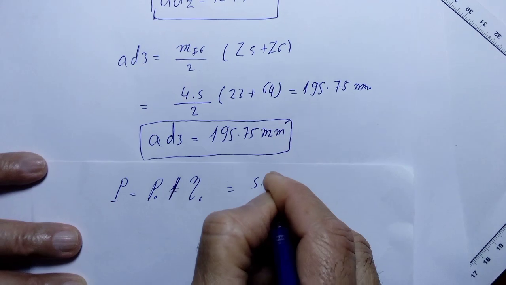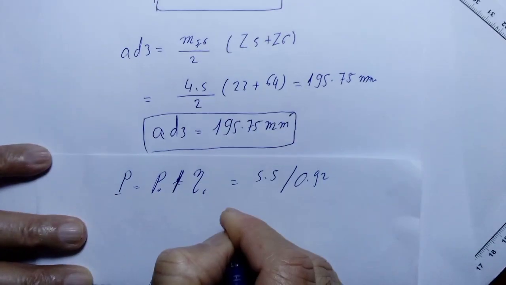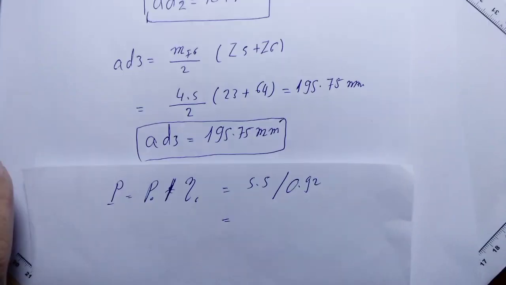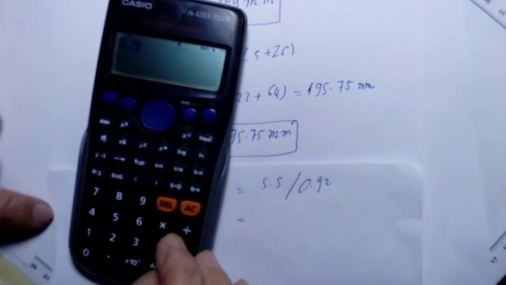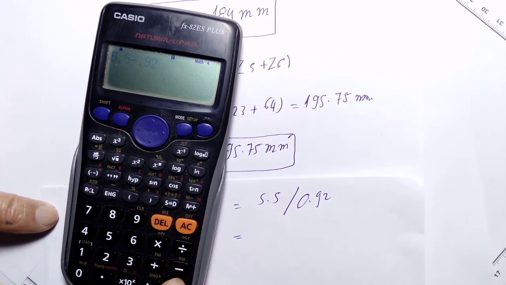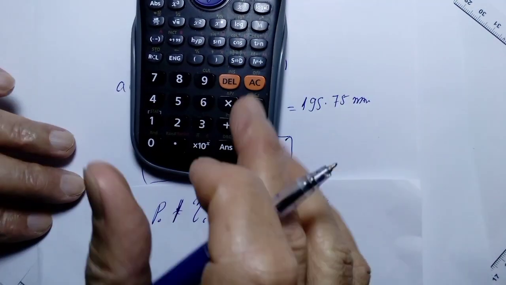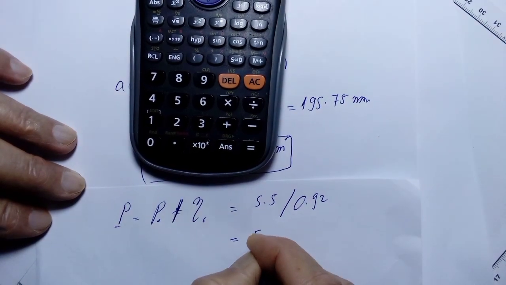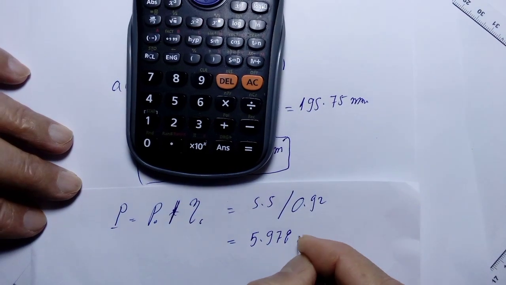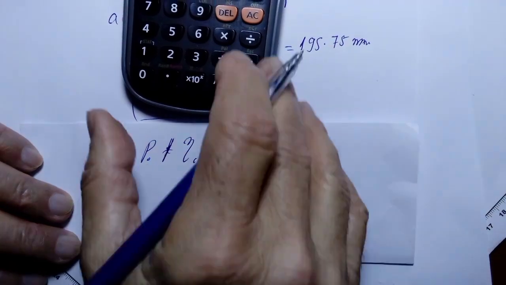It means power 5.5 divided by 0.92, which is equal to 5.978 kilowatts. So this is the power required.